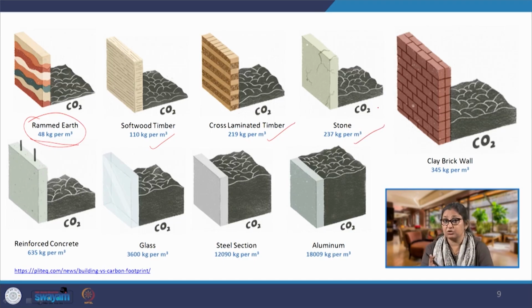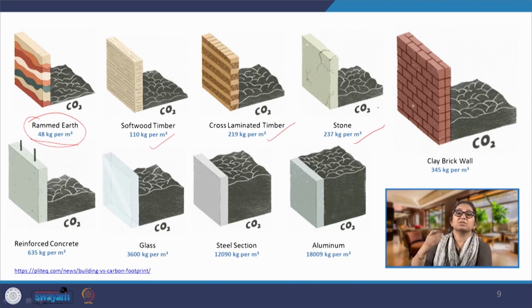Now, stone is a natural material, but there are a lot of scope 1 emissions associated with stone, because we are using machines to procure stone, extract the raw material, and then also to dress it to provide us in the form of sheets or blocks.